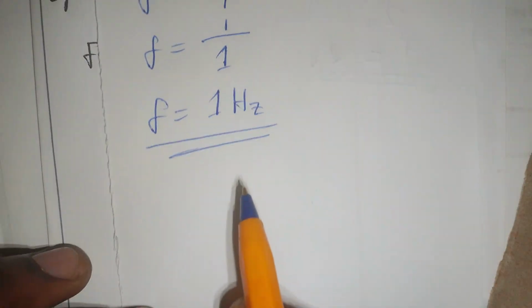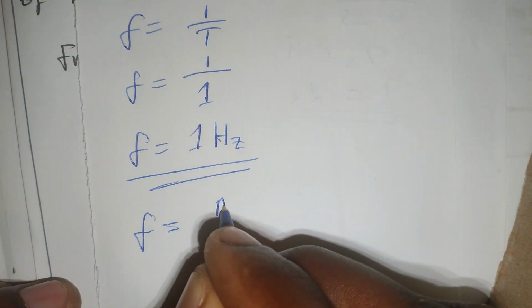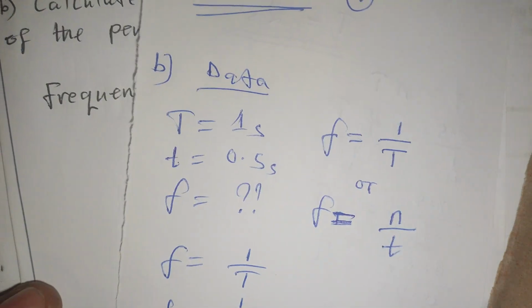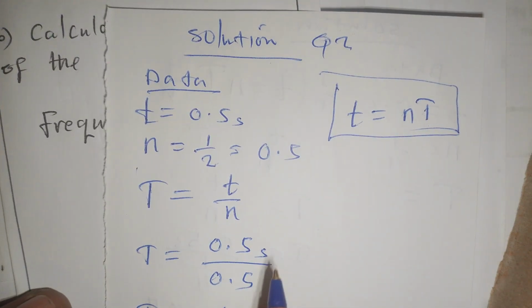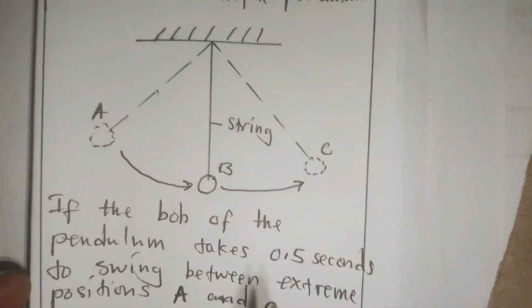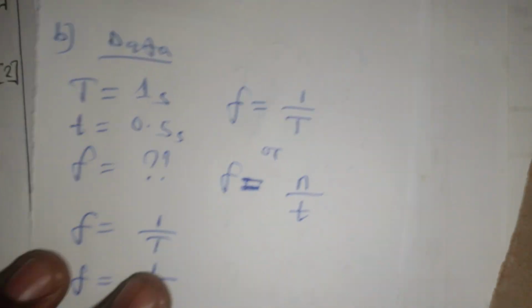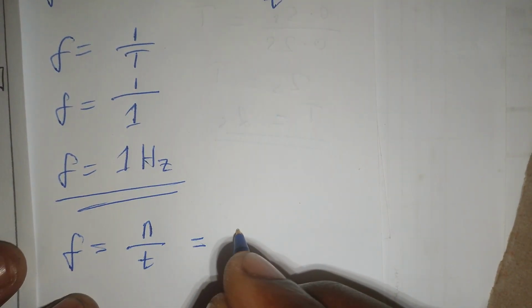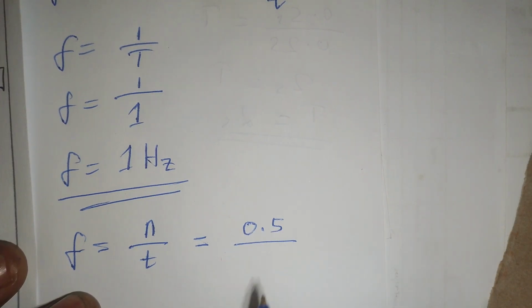Let's try to use the other formula. We know that frequency is equal to number of oscillation over time taken. Number of oscillation here is from A to C, meaning 0.5. So number of oscillation is 0.5 over time taken.